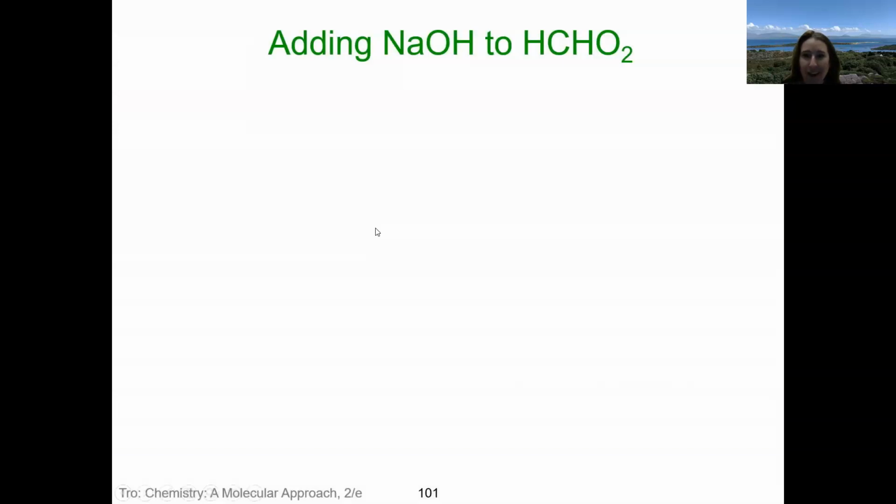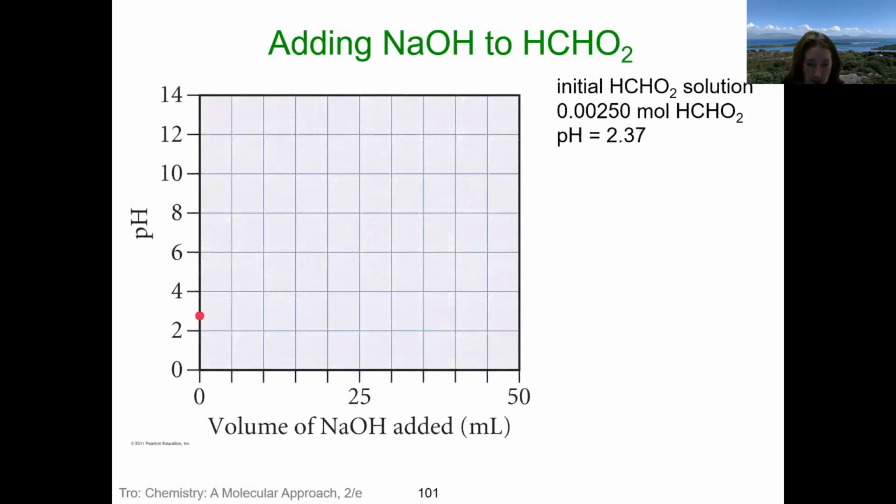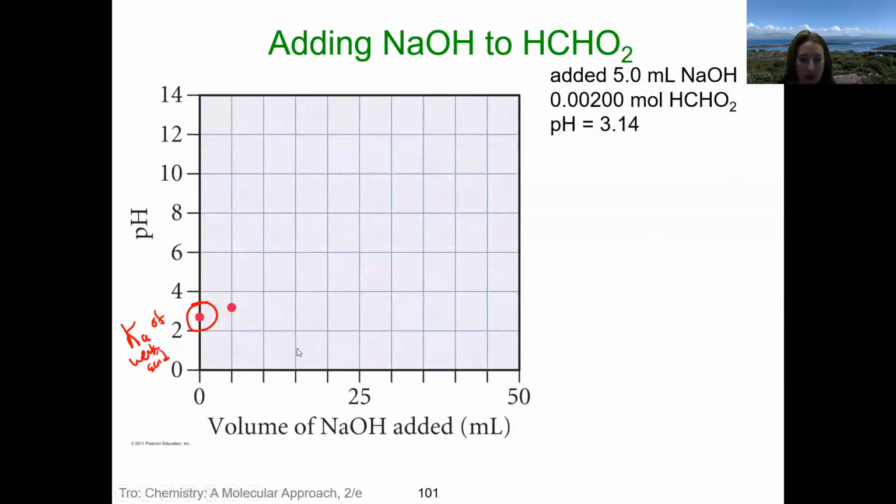Okay, so in summary, adding NaOH, strong base, to our weak acid. We started with a pH of 2.37. This was initially only weak acid, so we used the Ka of the weak acid when we got this one. Now, after we added a little bit, we had a buffer.